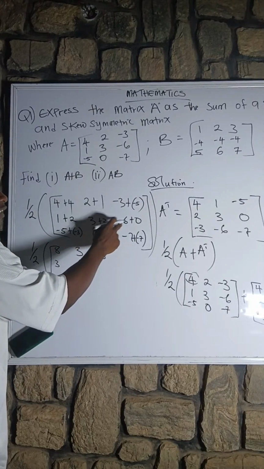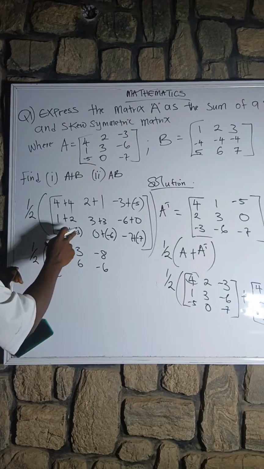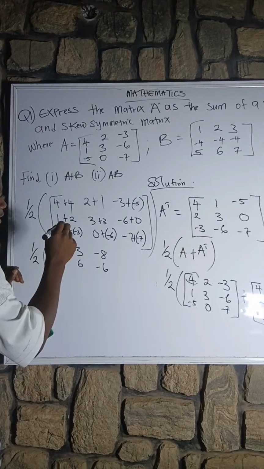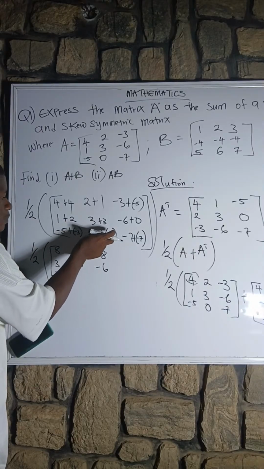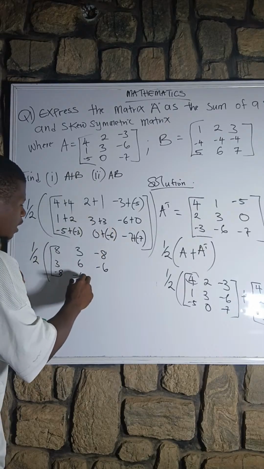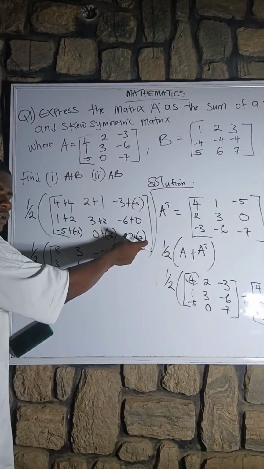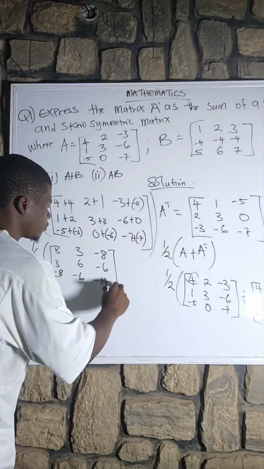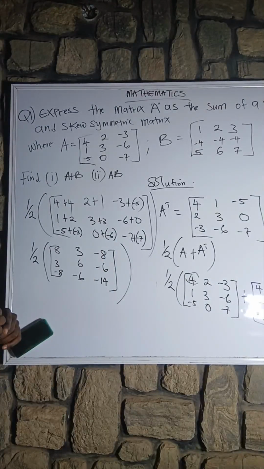Then negative 6 plus 0 will still give us negative 6. Negative 5, negative 3 will still give us negative 8. And then 0 plus negative 6 will still give us negative 6. And then negative 7, negative 7 will give us negative 14. This is how far we have come.